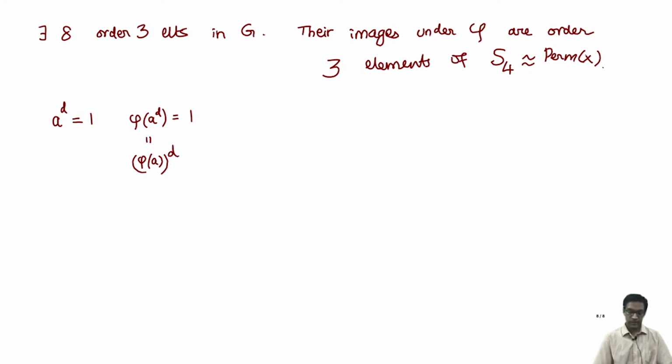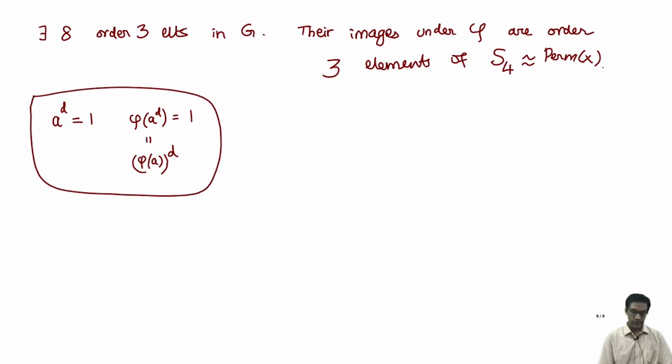Now what that means is that the order of phi A divides D in general, but since phi is injective, if D is the smallest number such that A power D is 1, then D must also be the smallest number such that phi A to the D is 1, okay. If not, it will imply that phi is not injective. Okay, so an injective map preserves orders. So that's what I wanted to say here.